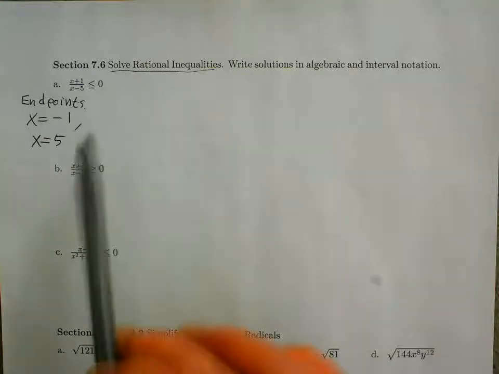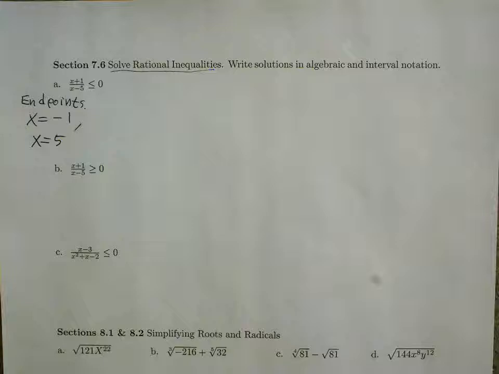Since the inequality is less than or equal to 0, are we going to include endpoints or exclude endpoints or a combination? Are we going to exclude one of the endpoints? Which one are we going to exclude?